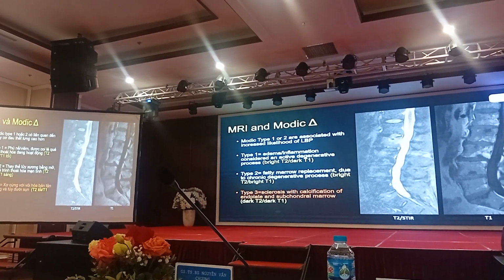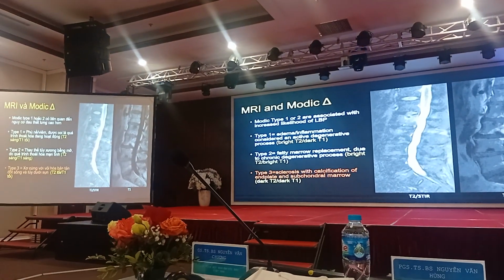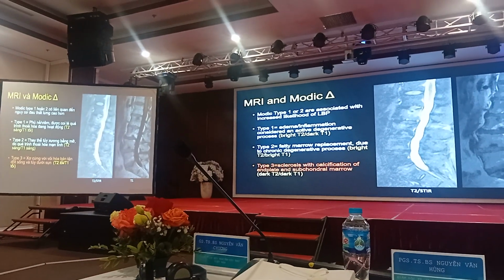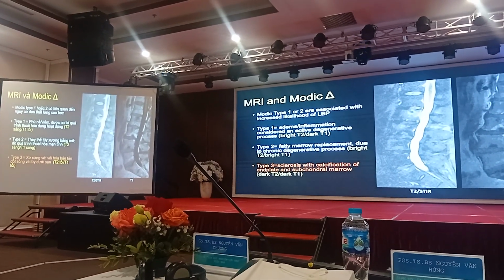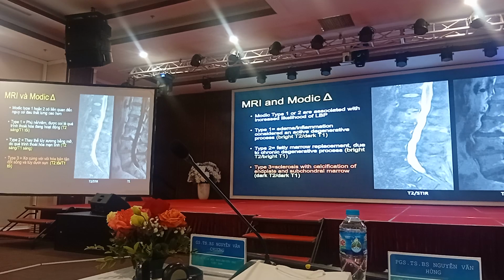And now MRI and Modic changes that Dr. Moss covered. So the Modic type 1 or type 2 are both associated with increased likelihood of low back pain. Type 1, again, that indicates edema or inflammation. This is considered an active process. It would be bright on T2, dark on T1 imaging.